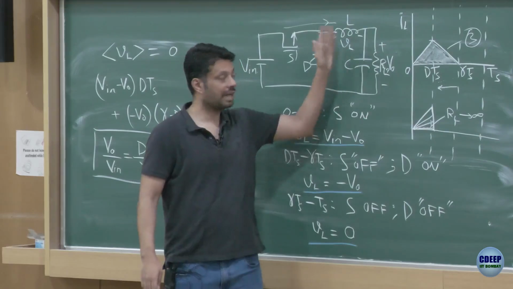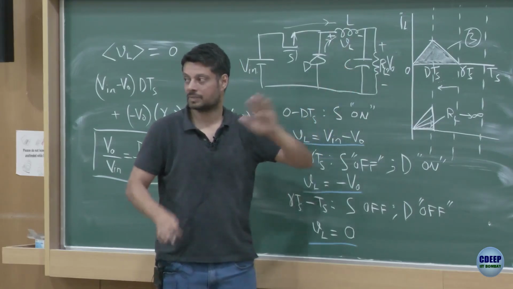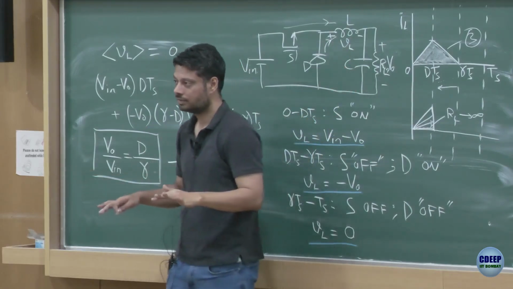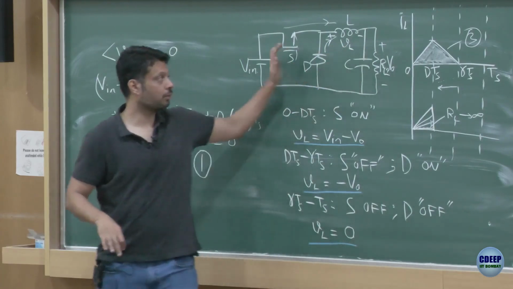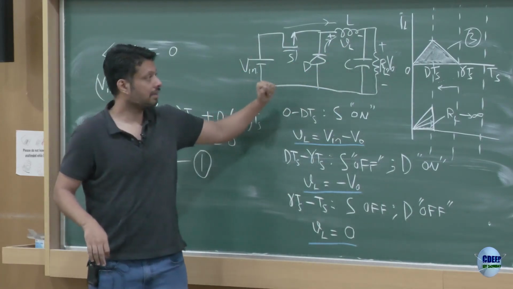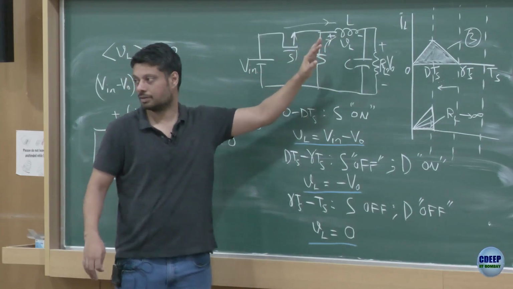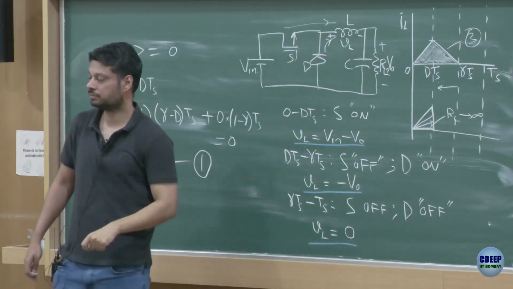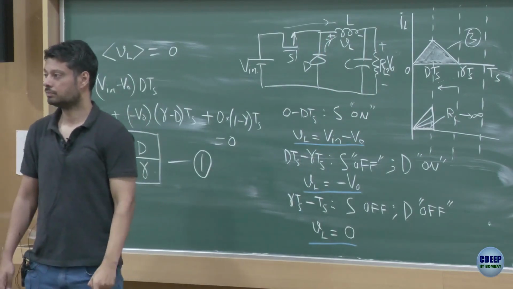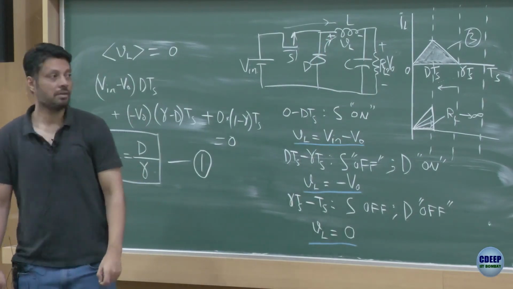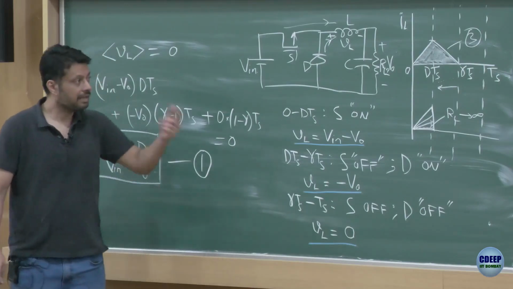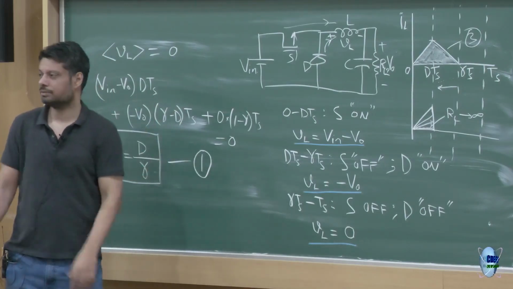So no more average current dumping into the cap. That's how you would reach the steady state. So this voltage will become very close to this voltage, and the current rise will be almost 0, gamma is equal to dTs. VL, yeah, during switch on, VL is almost 0, yeah.